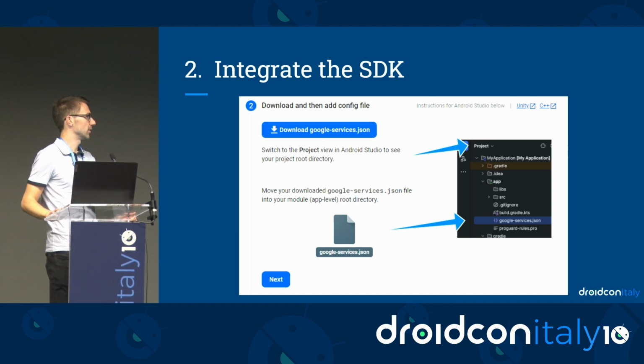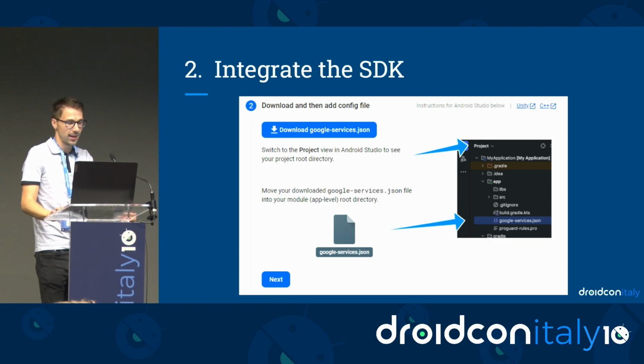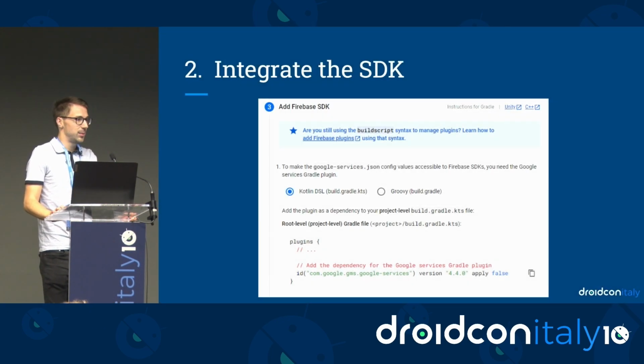That just allows your app and Firebase to make sure that they're talking to the correct app and service. The next step is you need to add the Google Services Gradle plugin to your project level build file.